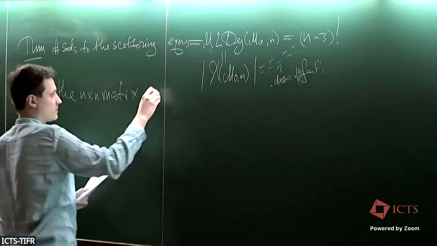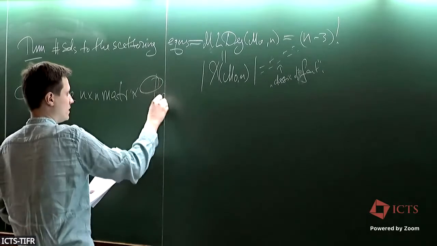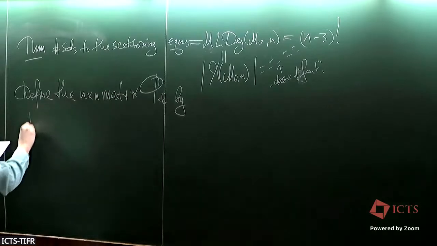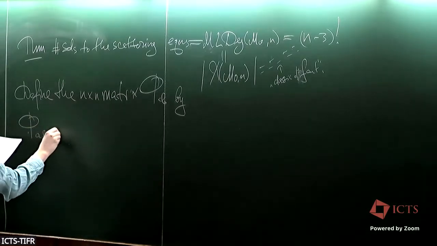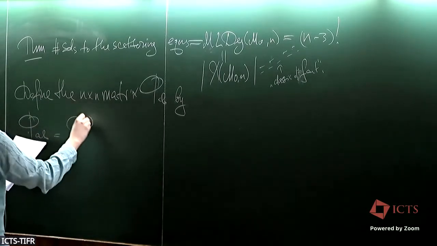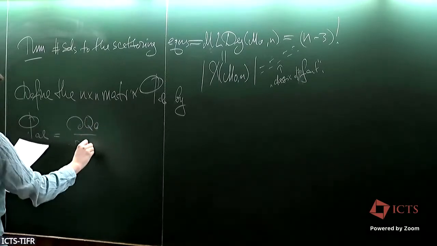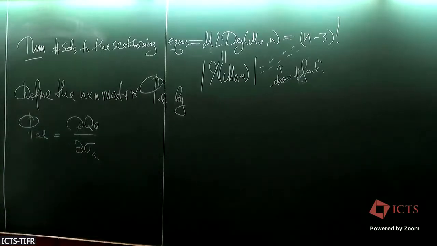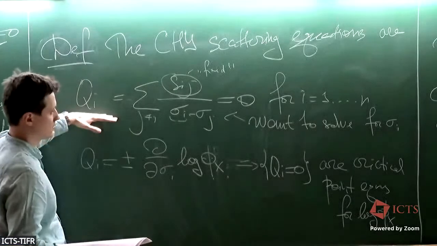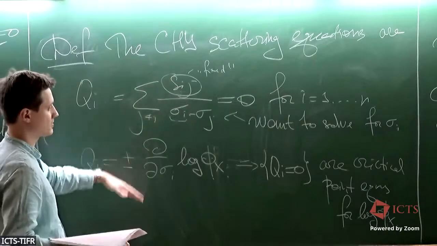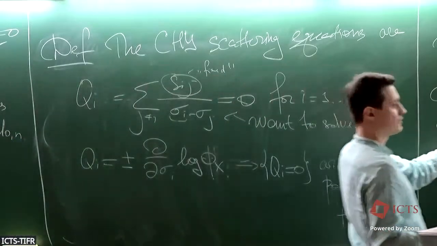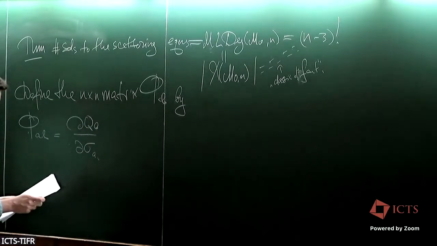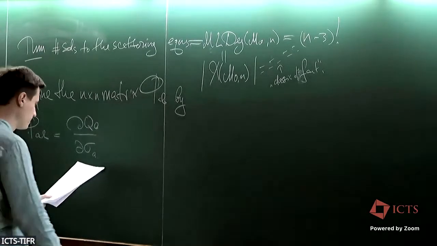We'll call it capital Phi AB, and we will just take this to be a matrix of partial derivatives. So we take each of the polynomials that appear in those scattering equations, and we take the derivative of this polynomial with respect to each variable sigma that we have, so with respect to each coordinate of M0n.